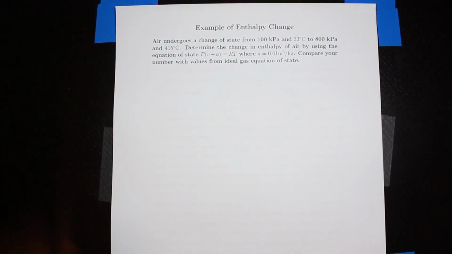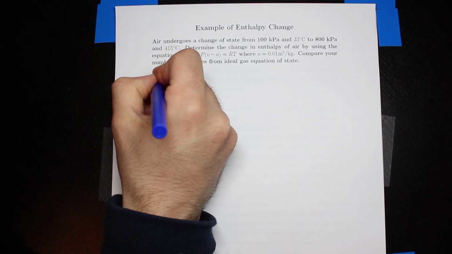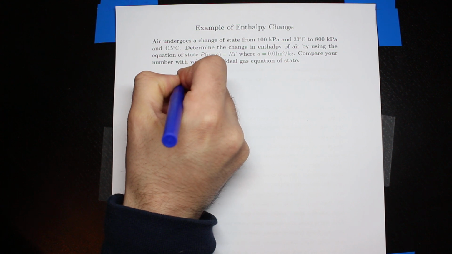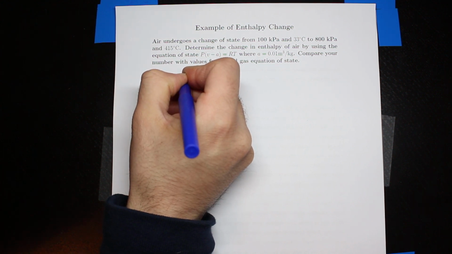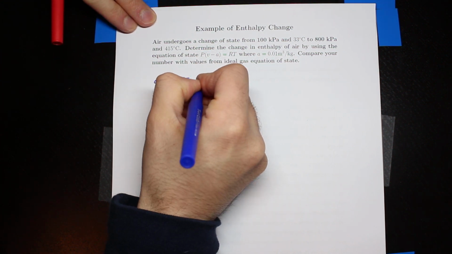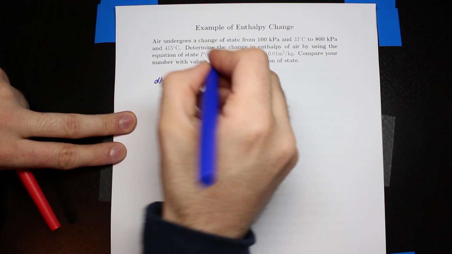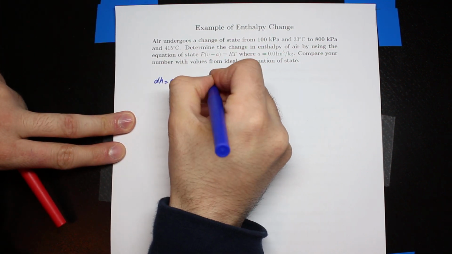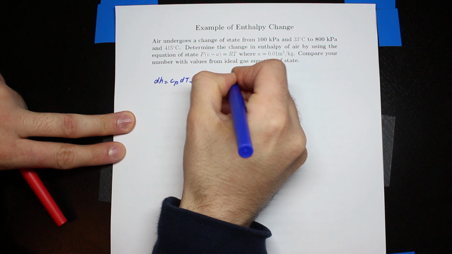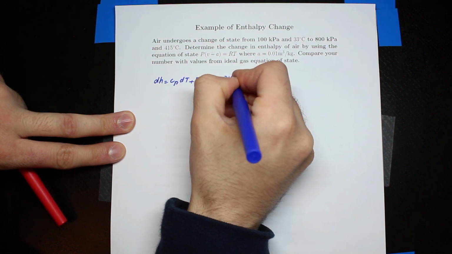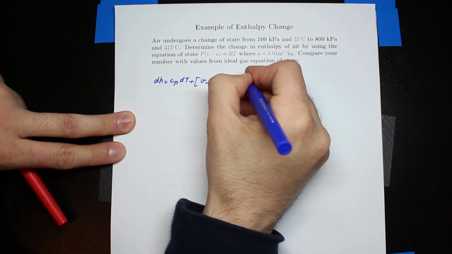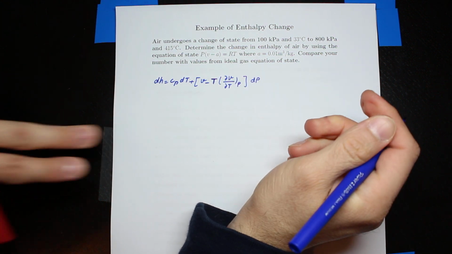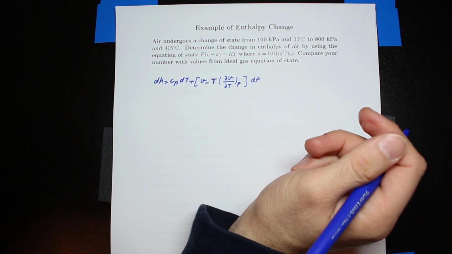All right, so the equation is dH is Cp dT plus V minus T multiplied by partial V partial T for constant pressure, dP. That is the equation that I have.